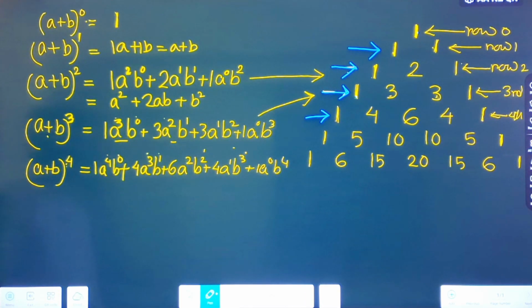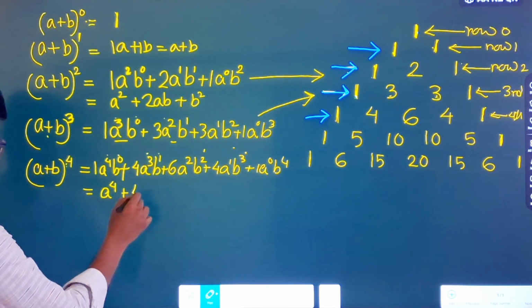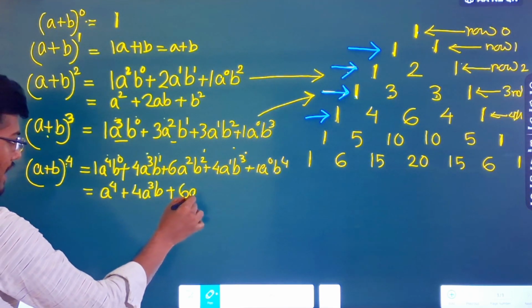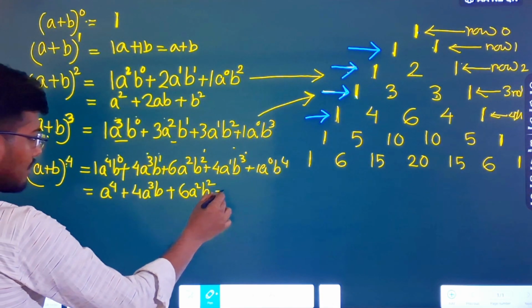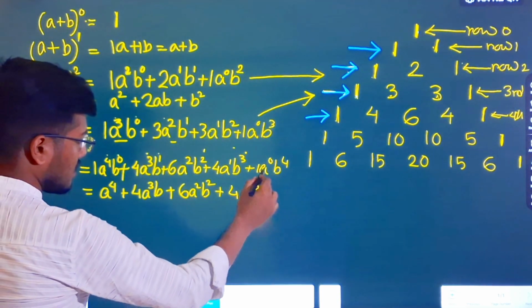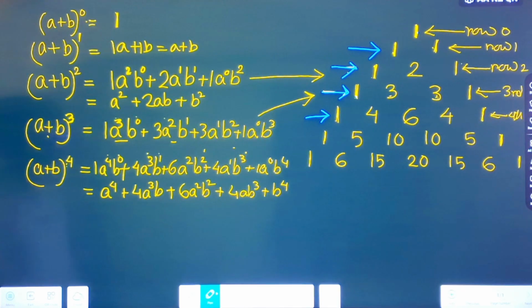So what is the answer? The answer is a to the power 4 plus 4 a cube b plus 6 a square b square plus 4 a b cube plus b to the power 4. This is the formula of (a + b) whole to the power 4.